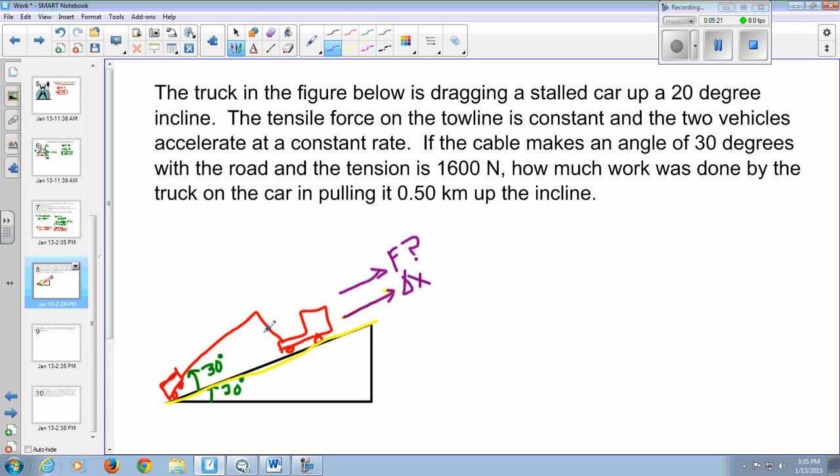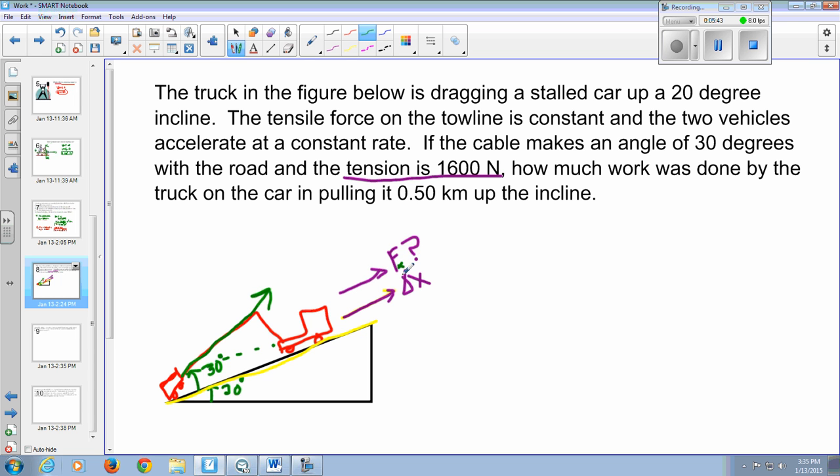Well, we do know the force, but it's not 1600 newtons. Why? Because 1600 newtons is acting at 30 degrees. It's acting at this 30-degree angle.